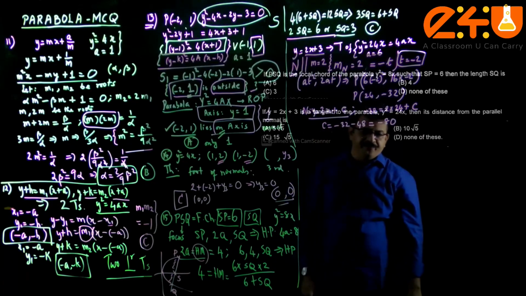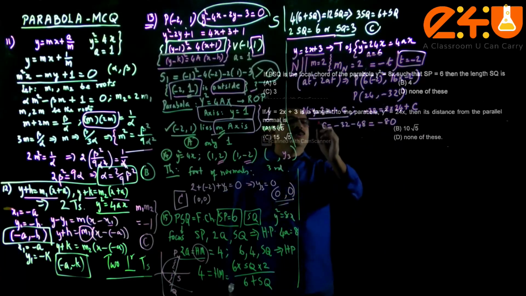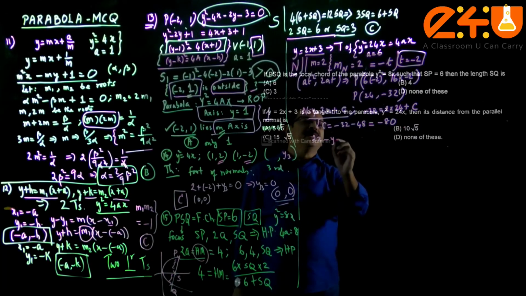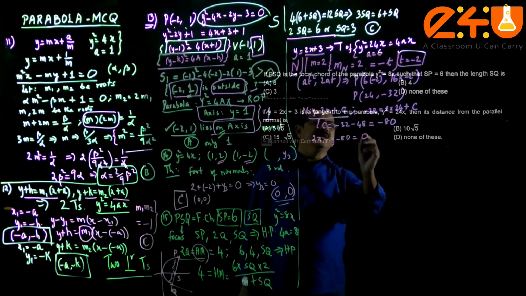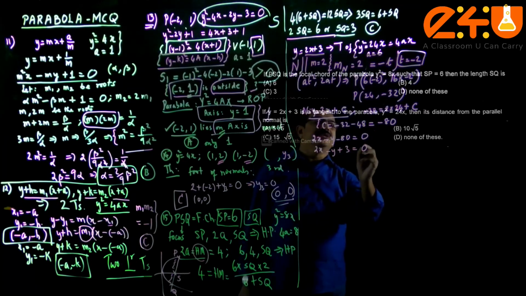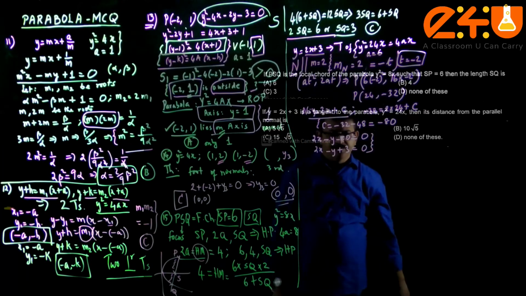So once I have discovered that, what is the normal? 2x minus y plus C is 0. Given tangent 2x minus y plus 3 is equal to 0.